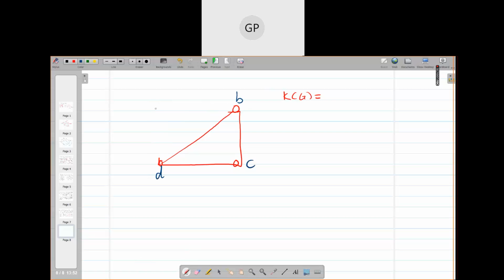No, the graph doesn't become disconnected, right? If I delete two vertices, A and B, does the graph become disconnected? No. Any other two vertices which I can delete?